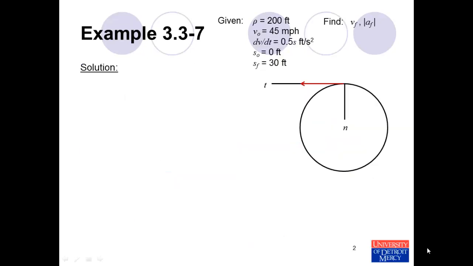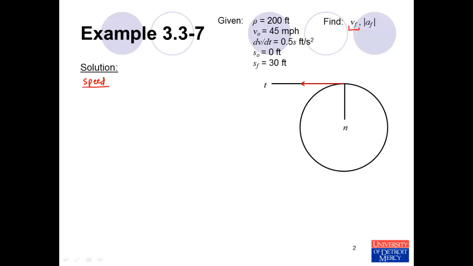Continuing on to the solution of the problem, the first thing that we're asked to determine is the final speed. So looking at what's given, we're given a lot of information about the travel along the path. And so we can treat the motion along the tangential direction as a rectilinear problem.